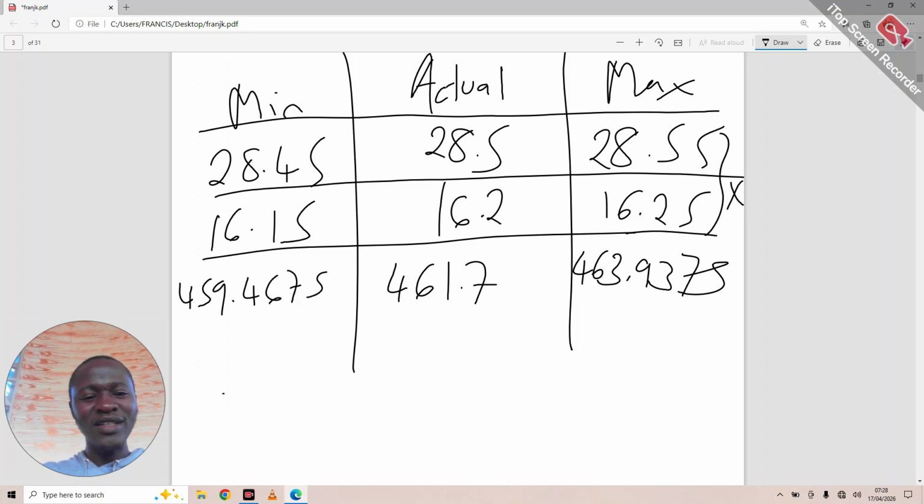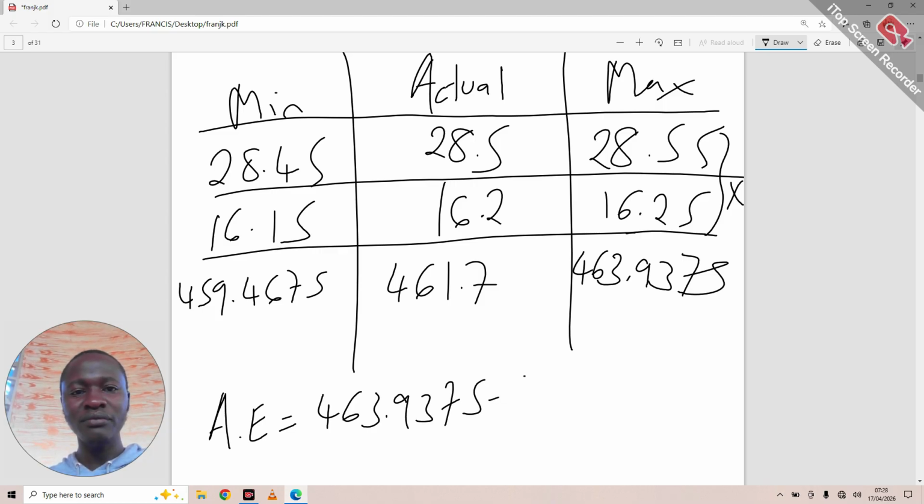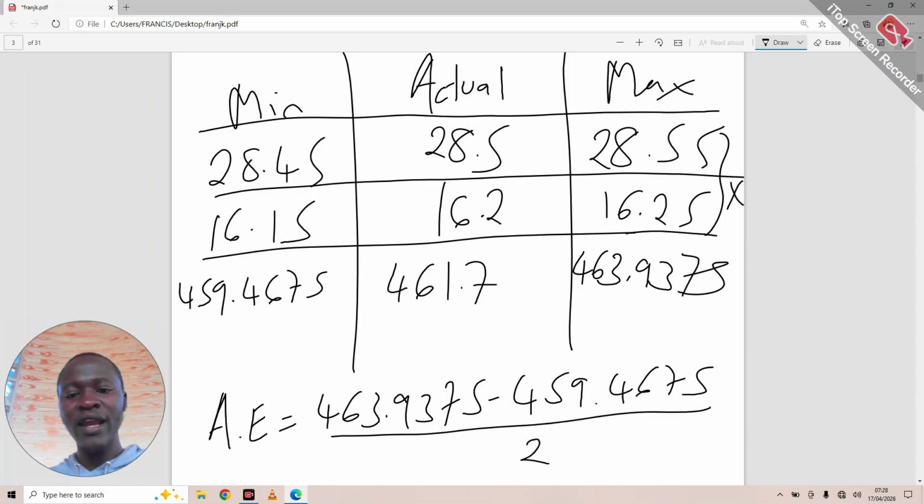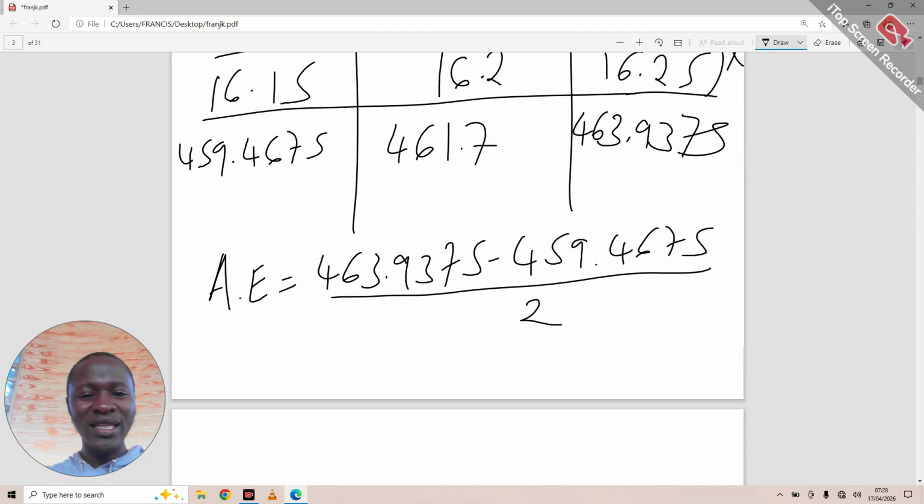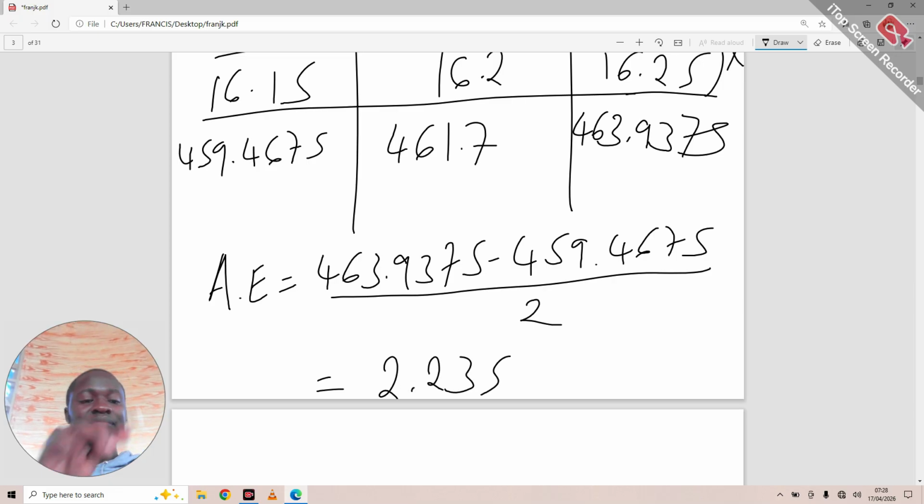Then because he knows that the absolute error in combined numbers is given by the maximum value 463.9375, he will subtract the minimum 459.4675, then divide by 2. Do you know, guys, that this student is lucky? The answer is 2.235.